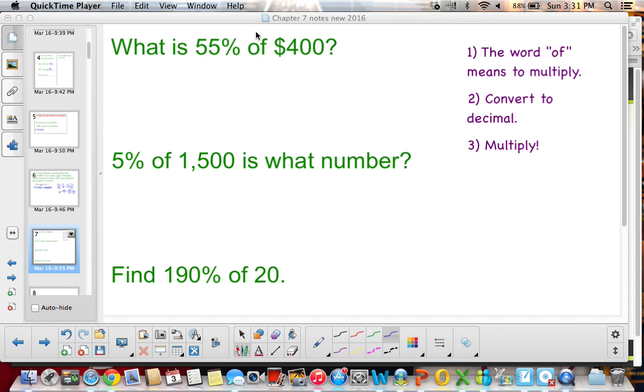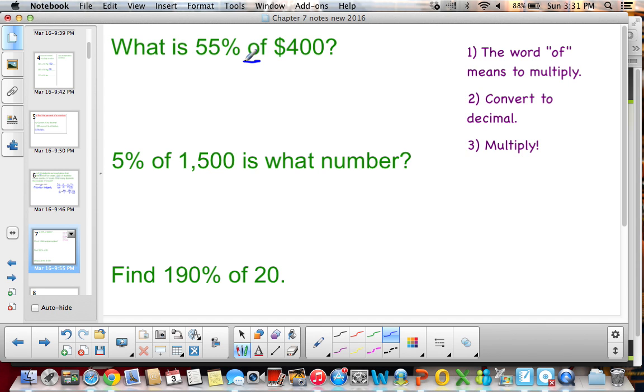Okay, what is 55% of $400? So the word "of," we need to remember, means to multiply. So 55% of 400 is basically 55% times 400. So we can convert it to a decimal. If you prefer the fraction, then you can change it to a fraction.